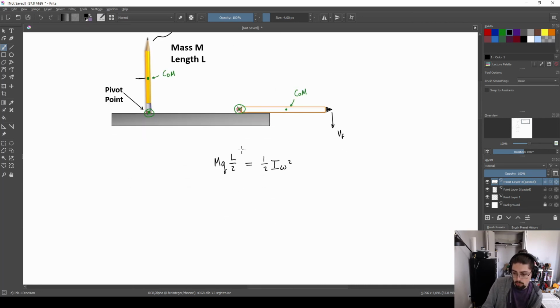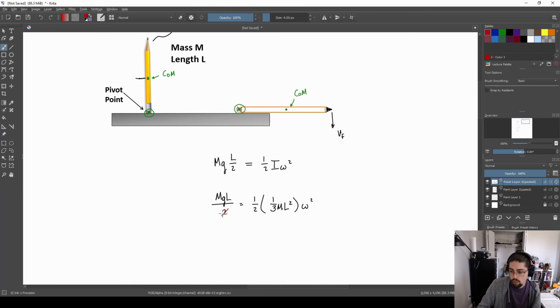With that in mind, we go to plug that in down here. We would say, okay, this is capital MGL divided by 2, this is 1/2 times 1/3 ml squared times omega squared. Okay, so I might as well just cancel out these 1/2s.